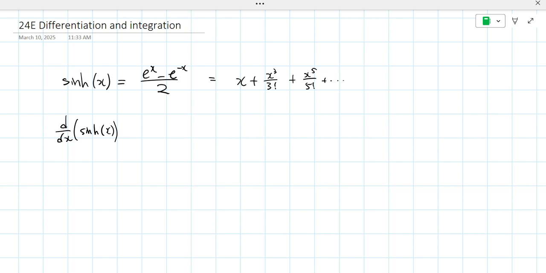But I think we can also do it using the Maclaurin series, which is extremely simple, given the nature of the polynomial function. It becomes 1 plus 3x squared over 3 factorial plus 5x power 4 over 5 factorial. So easy that I did it already without even doing the middle part.